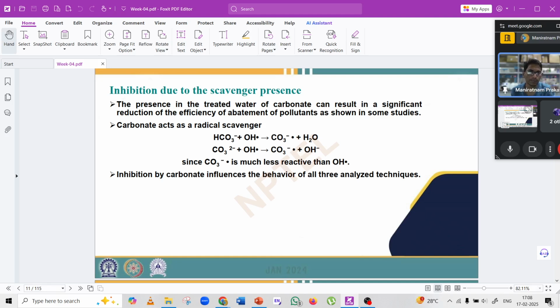So the efficiency of OH radicals to kill bacteria or to oxidize decreases. Overall, the presence of carbonate decreases the efficiency, because instead of attacking and oxidizing organic matter or any other thing, the hydroxyl radicals start to react with carbonate.